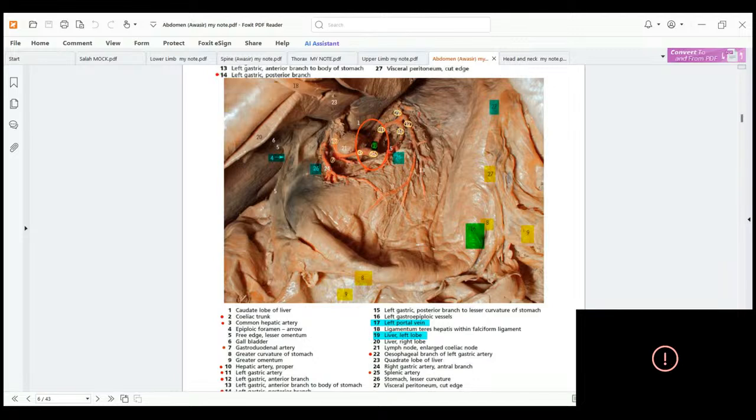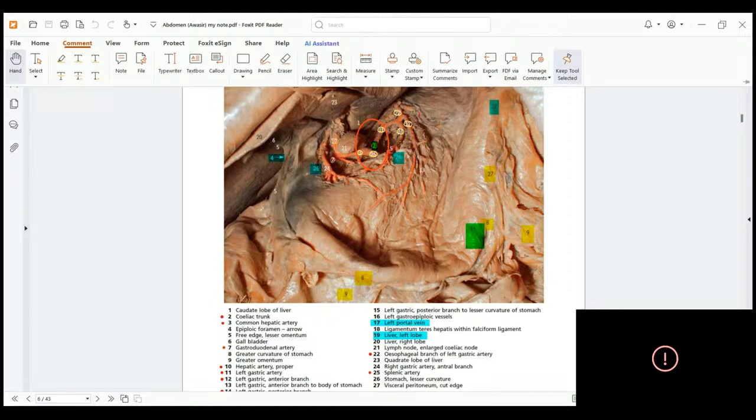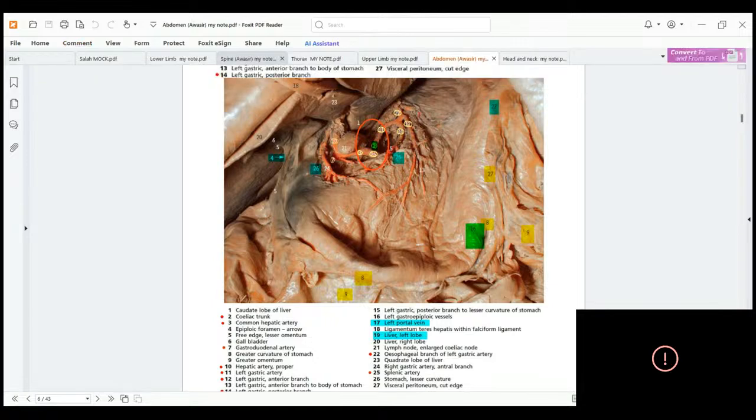Three, I think, is the common hepatic artery. Seven maybe is the gastroduodenal artery. Ten.